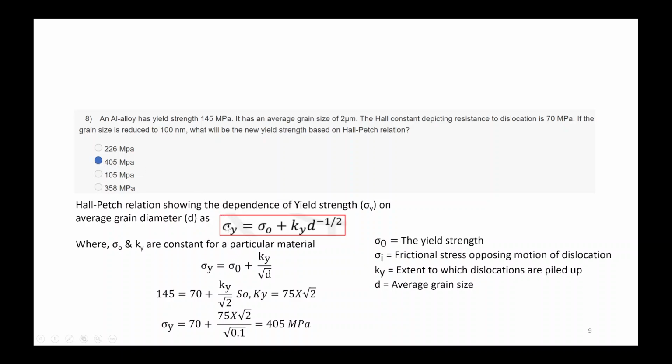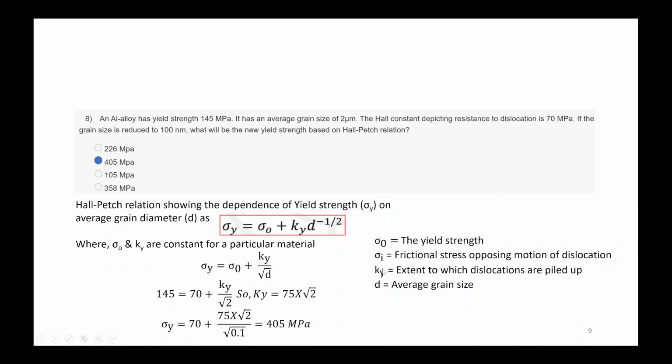For this you have to use the Hall-Petch relationship. This is simply sigma y, the yield strength, equals sigma naught plus ky times 1 by root d. Here sigma y is the yield strength, sigma naught is the frictional stress opposing motion of dislocation, and ky is the extent to which dislocations are piled up, so it will depend on your strain hardening.